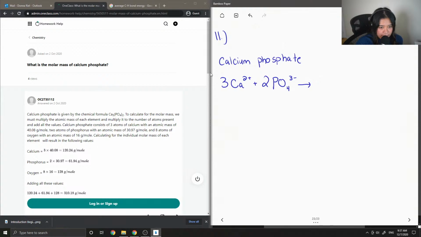So we can write the chemical formula as Ca3(PO4)2. Okay, so now that we know the chemical formula of calcium phosphate, we can find its molar mass.